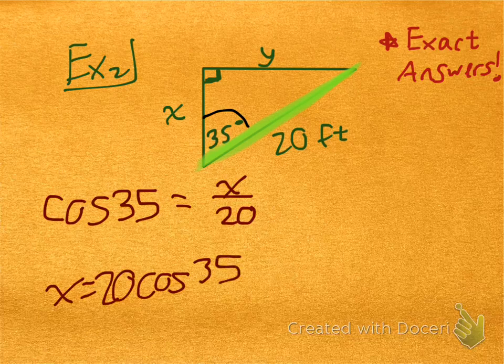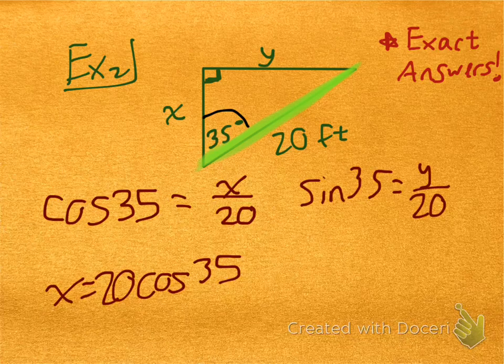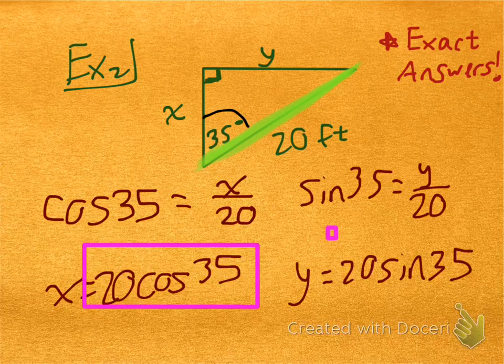Now, if I decided to use sine of 35, I would end up with sine of 35 equals the opposite side, which is y over 20. That's solving for the other variable. So I'm going to multiply both sides by 20 and get y equals 20 sine 35. And if you want exact answers, those would be them. So those are your options for finding exact answers.